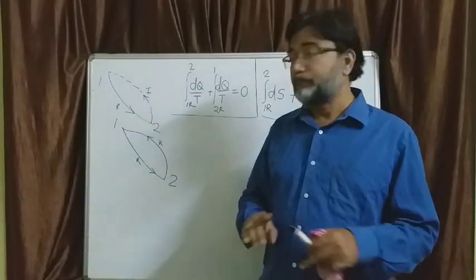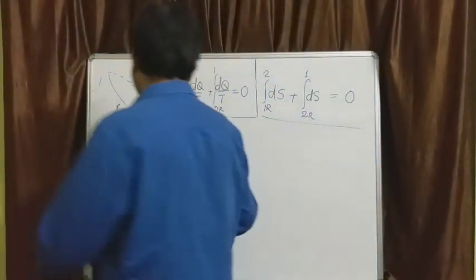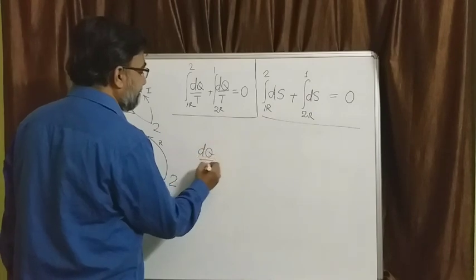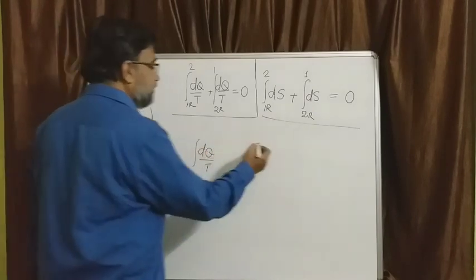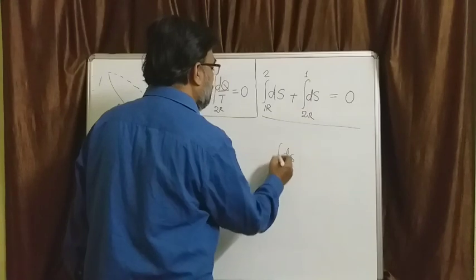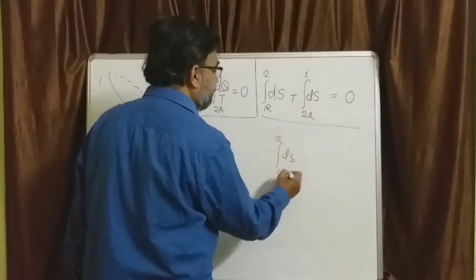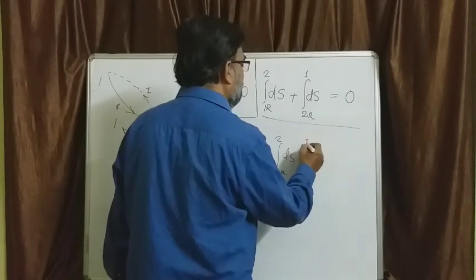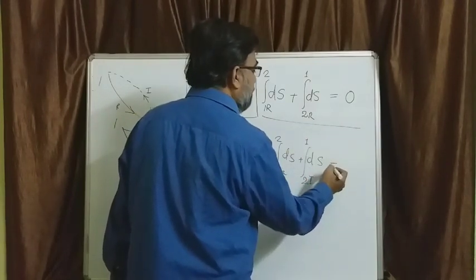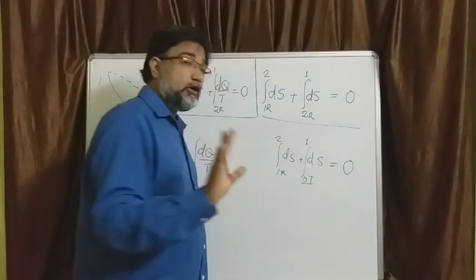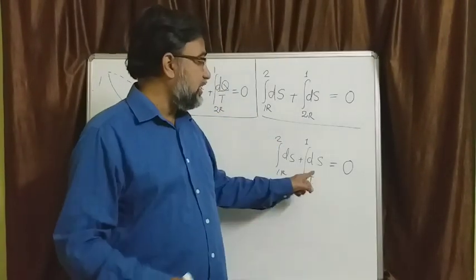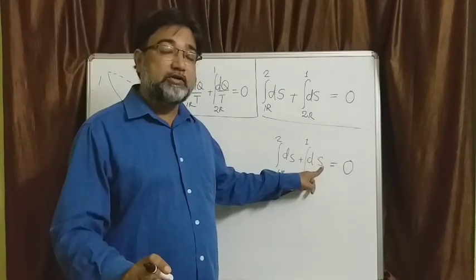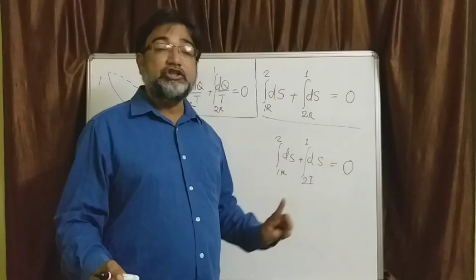Is that clear? Now let us write the dq by t equation for this. Or let us write the ds first. So ds 1 to 2 reversible plus ds 2 to 1 irreversible will be equal to 0. There is no ambiguity in this, because we are writing it as change in entropy. No matter whether the cycle is reversible or irreversible, the net change is 0.